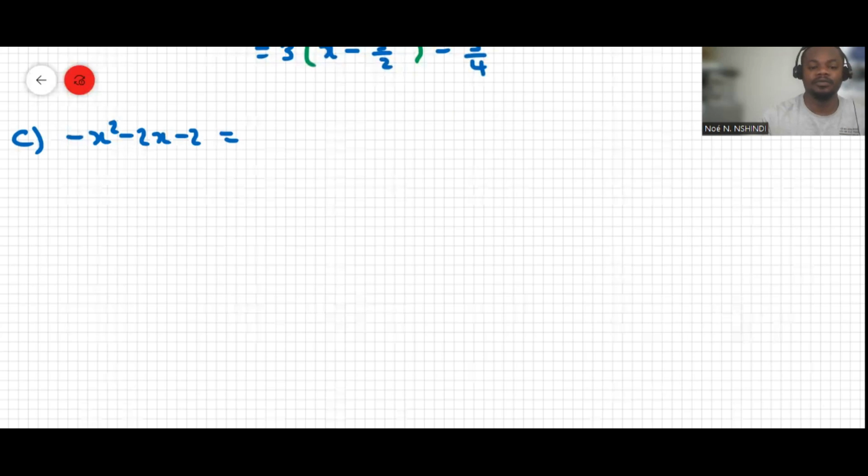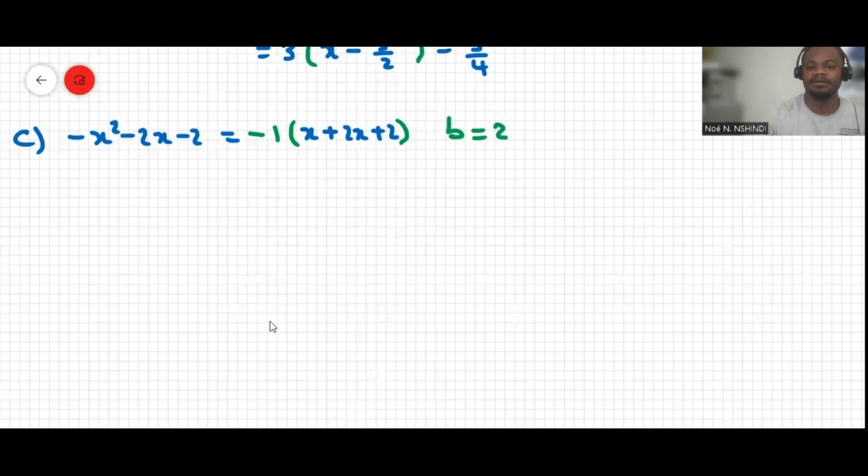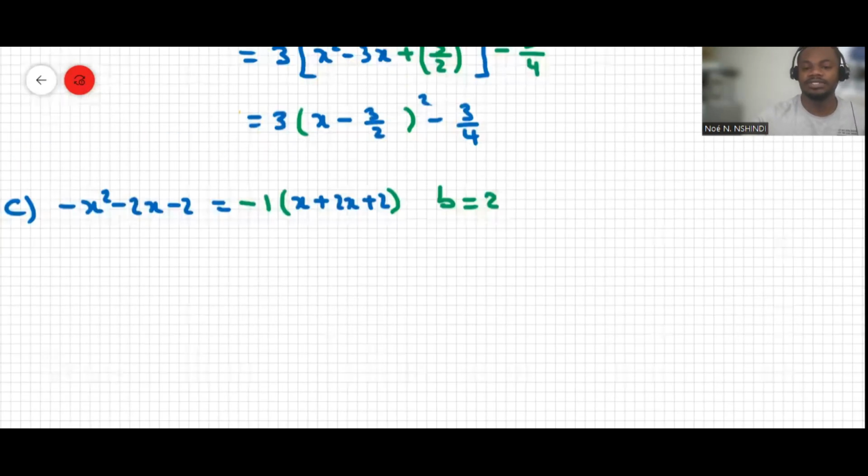We can solve this if we take the -1 out as a common factor, and then this will be x squared plus 2x plus 2. Now we can see that b here is just positive 2. Then we can work out c.